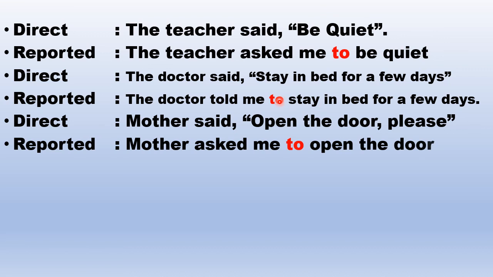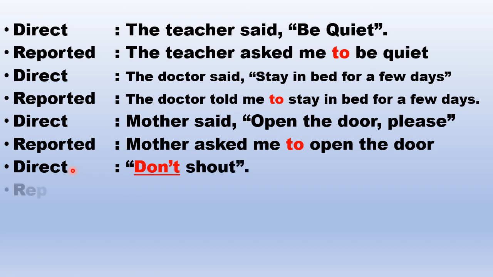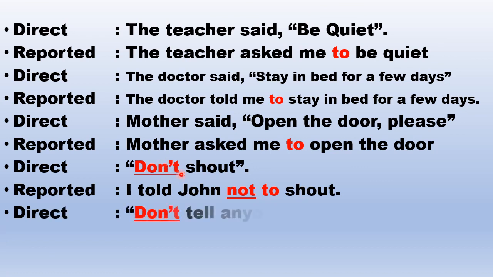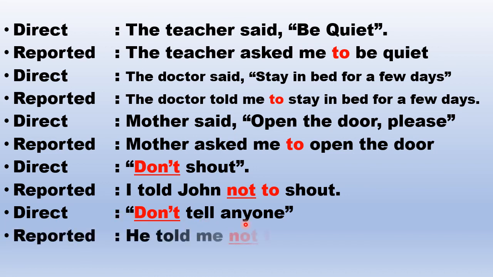As you can see here, we use to. Okay. Direct speech: "Don't shout." Becomes reported speech: I told John not to shout. You see, not to shout. Direct speech: "Don't tell anyone." And then you tell to the others: He told me not to tell anyone.